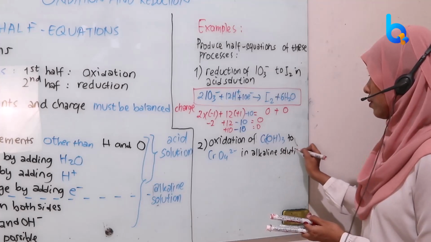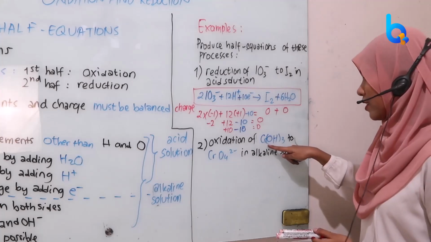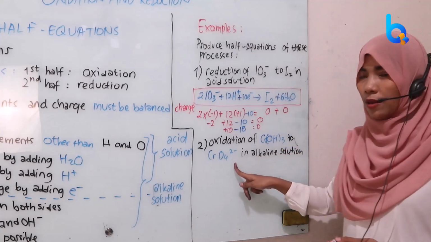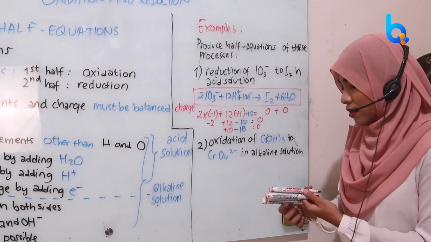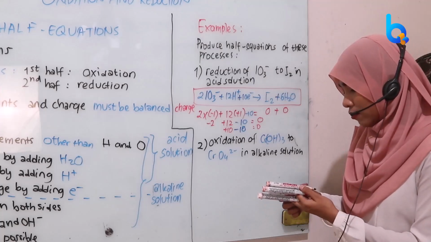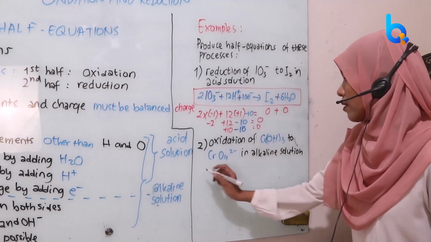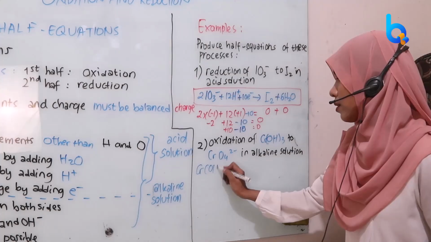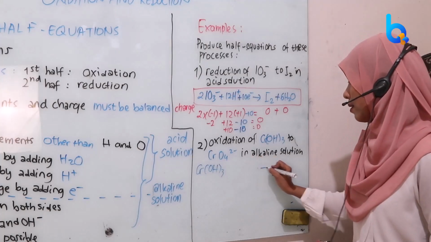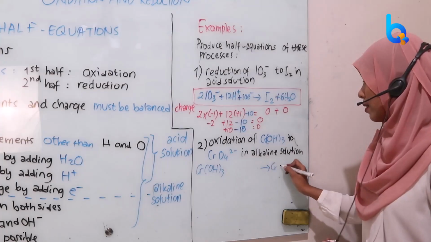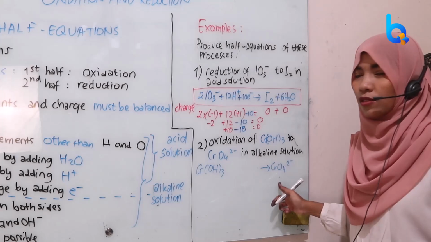So focus on the species that we start with and the species that we end up with, and also whether the solution is acid or alkaline. So now we try to make the chemical equation. We start with Cr(OH)3, give some space, and then end up with CrO4 2-.